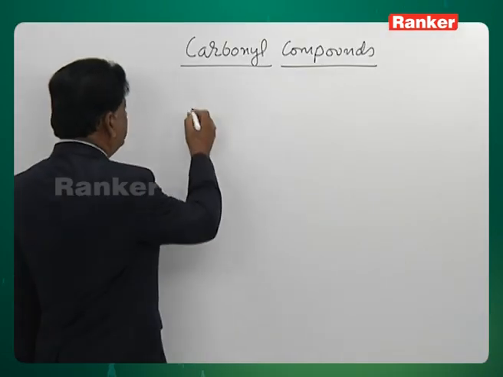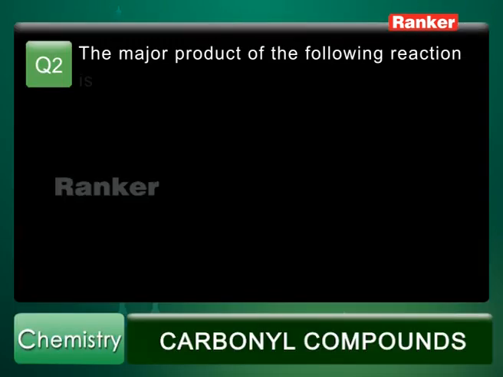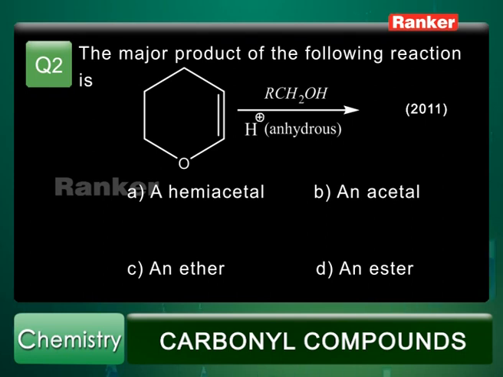Let's go to question number 2. The major product of the following reaction is, it's a recent question, a 2011 question. A cyclo compound is given with an adjacent double bond O, and treated with an R substituted methanol in presence of anhydrous H plus, maybe hydrochloric acid with less water.